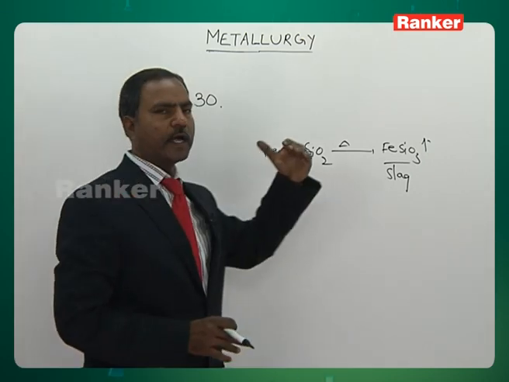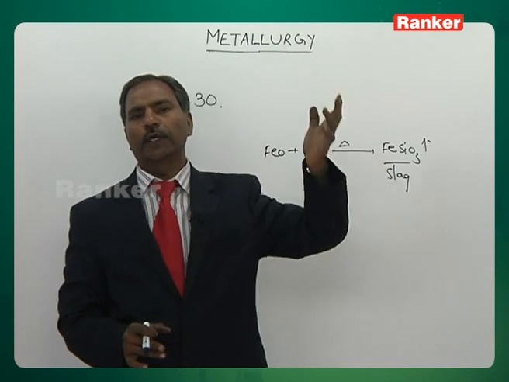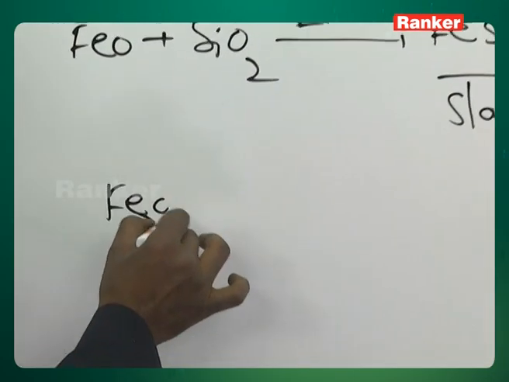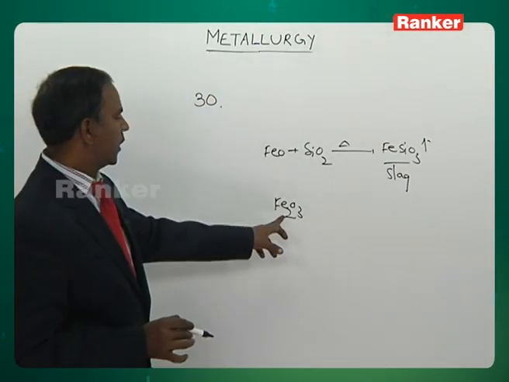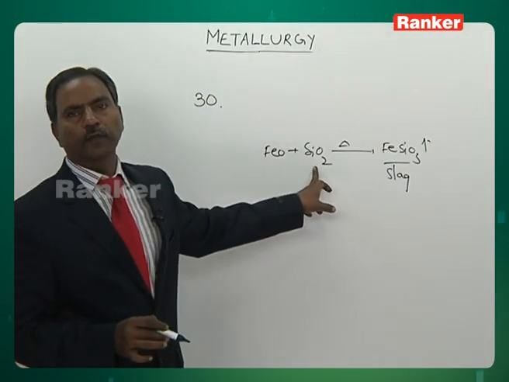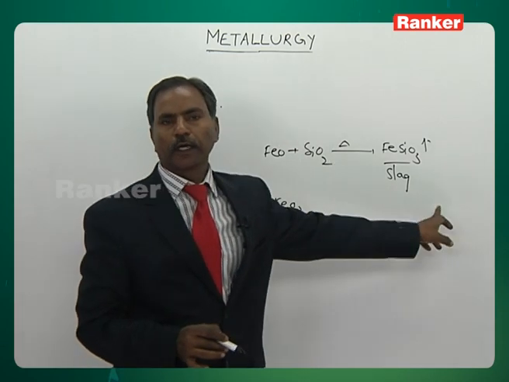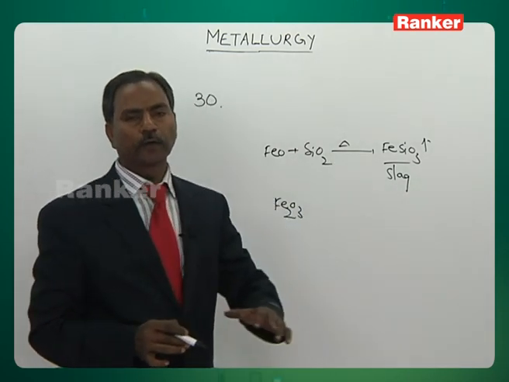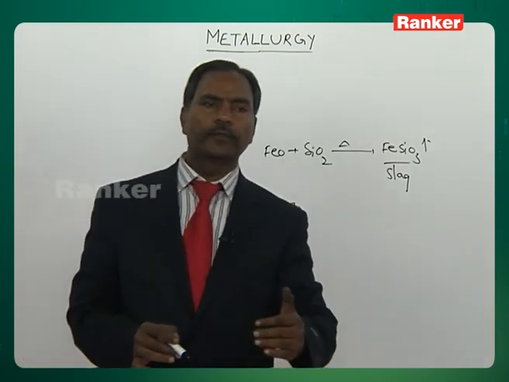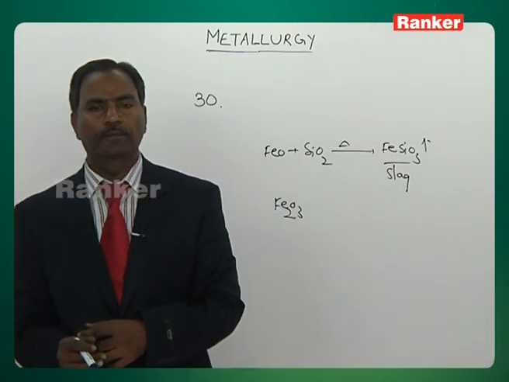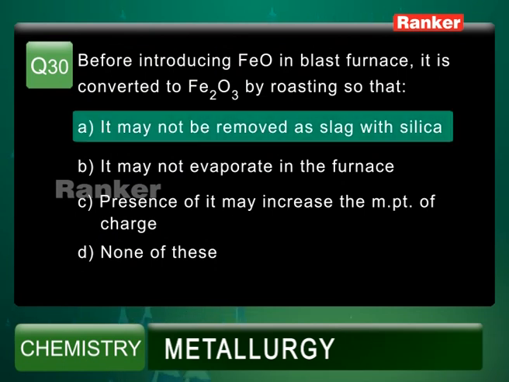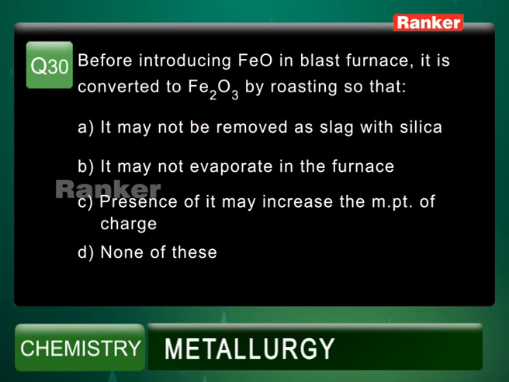Therefore, once you are adding FeO, it is made to convert into Fe2O3, so that Fe2O3 cannot freely interact with silica and cannot be converted into ferrous silicate slag. Therefore, question number 30, what is given? It may not be removed as slag with silica. Therefore, the answer is A.